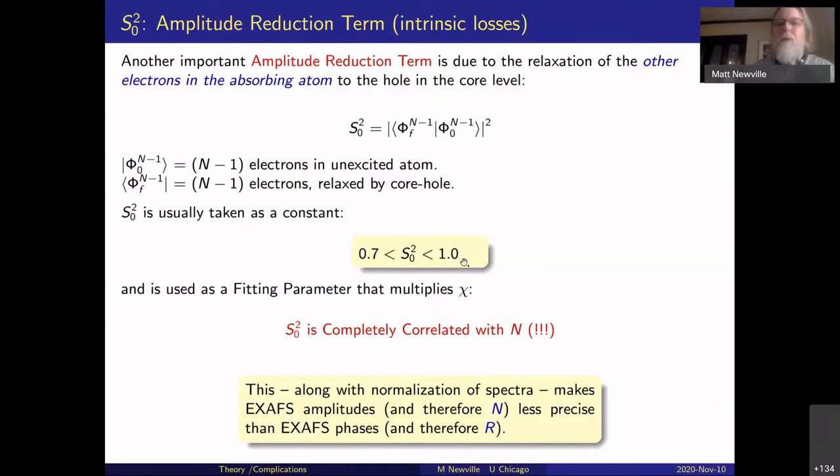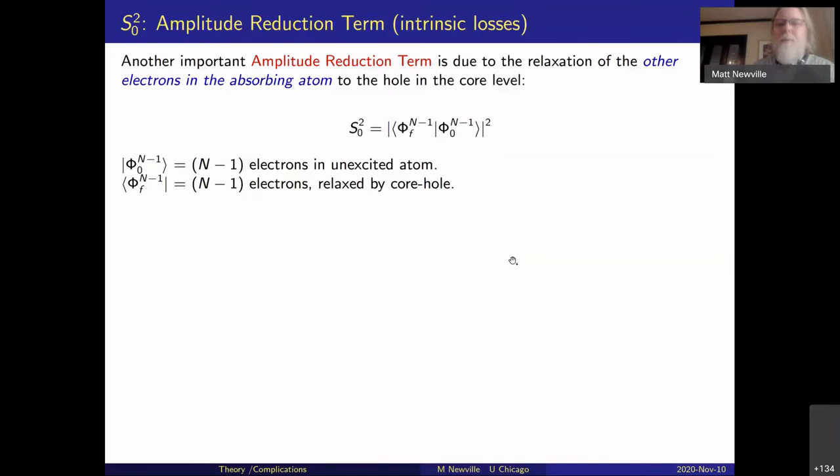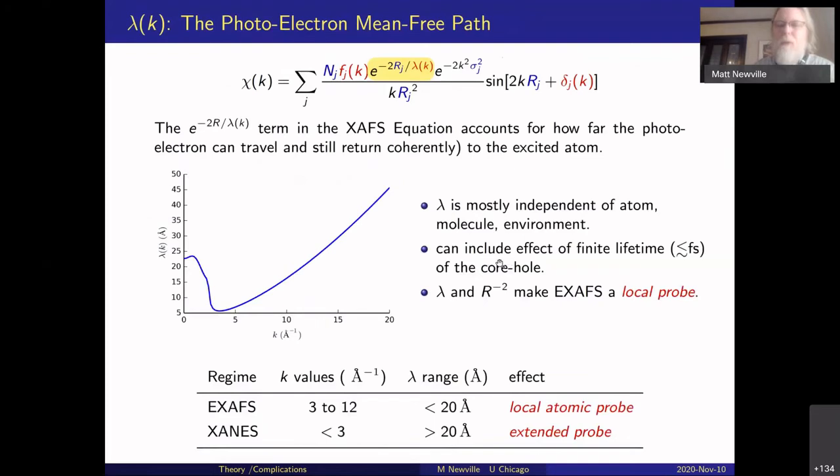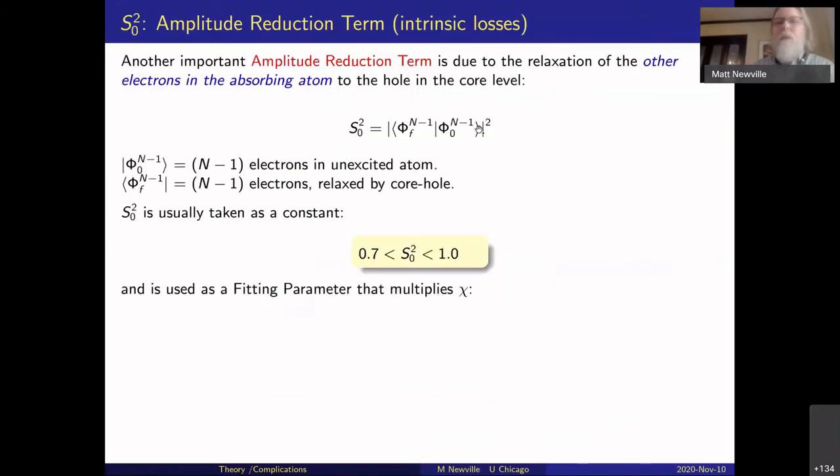It can appear to vary with beamline a little bit, and that's partly because although we took into account in lambda some of the electron core hole lifetime effects, nothing we've done so far has actually taken into account the energy resolution that we use when we collect X-ray absorption data. When we ask for 7112 electron volt X-rays, we get some spread in that energy.